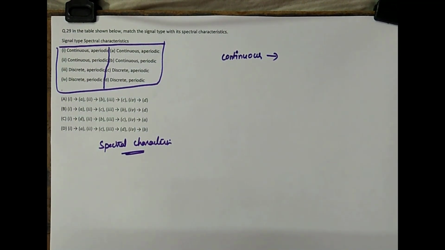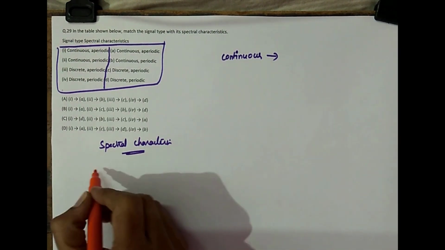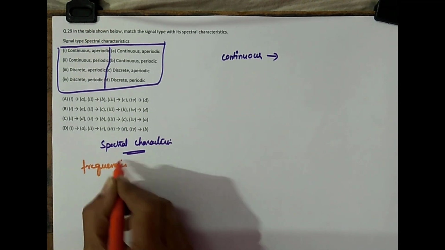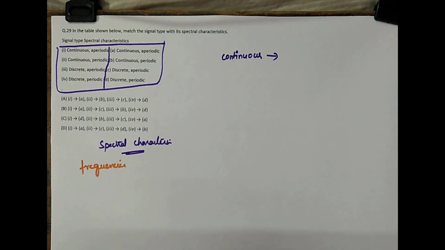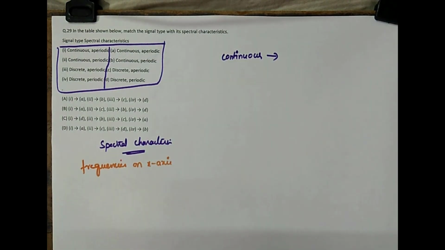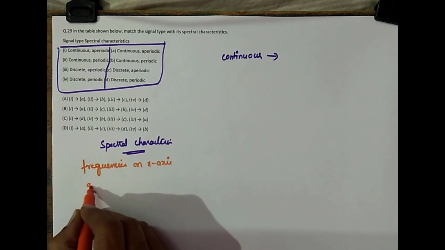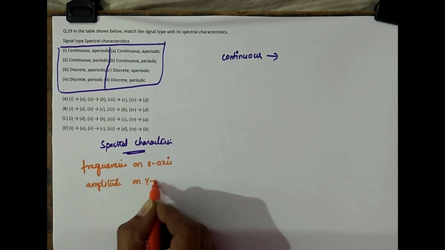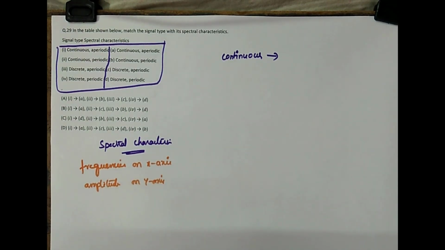Spectral characteristics means simply frequencies on the x-axis and amplitude on the y-axis. It is the plot of various frequency components and their amplitude. That is called spectral characteristics.